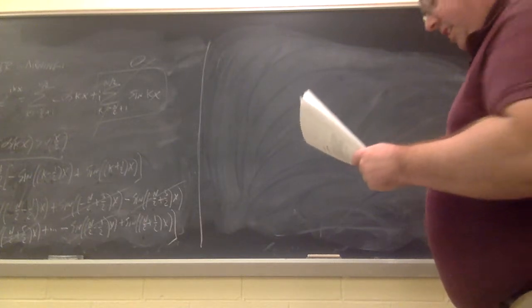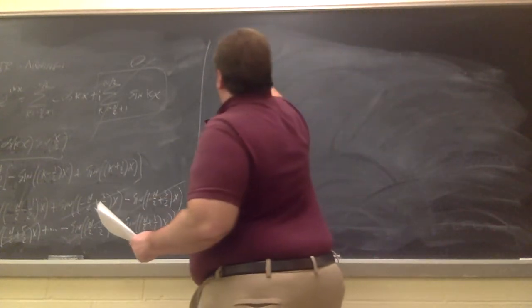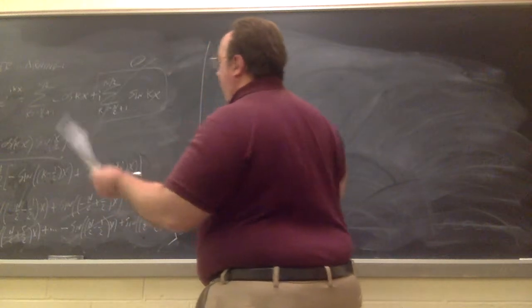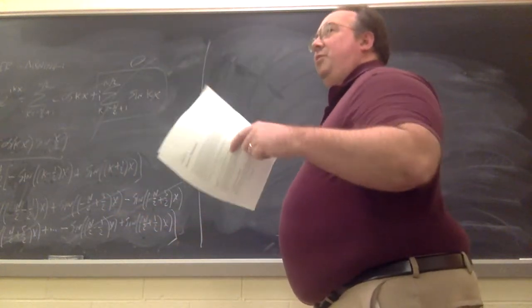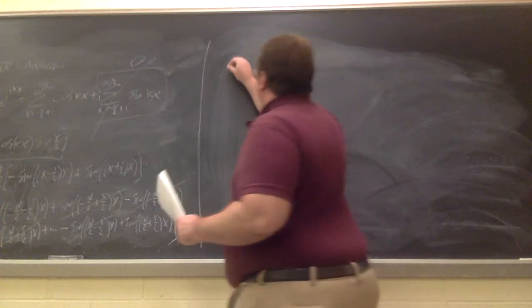Now I can use another trig identity. I used a product to sum identity earlier. Now this is the other way, a sum to product.